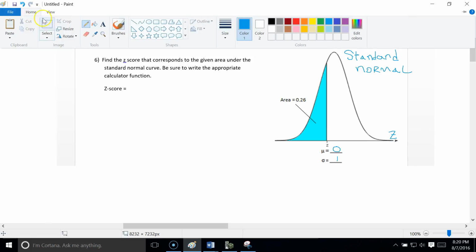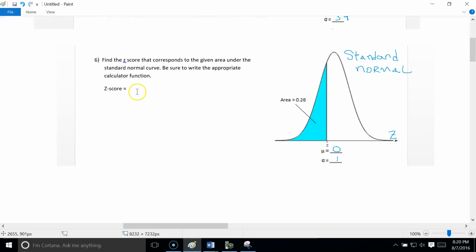So let's type in that calculator function. It is going to be invnorm. Now the first thing it wants is the area to the left, so we're going to type in 0.26, comma 0, comma 1, which is the mean and standard deviation. So that is all we need right there.